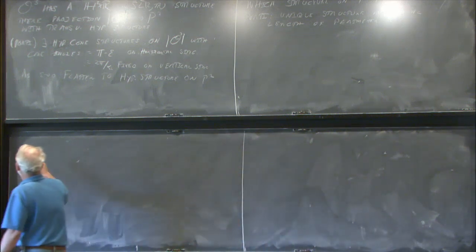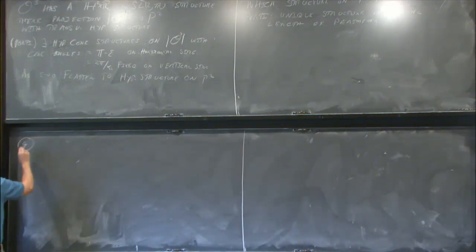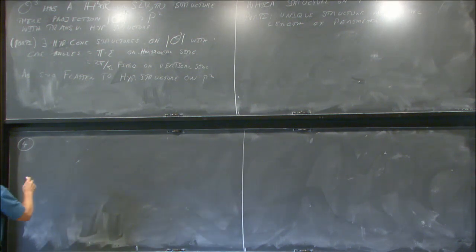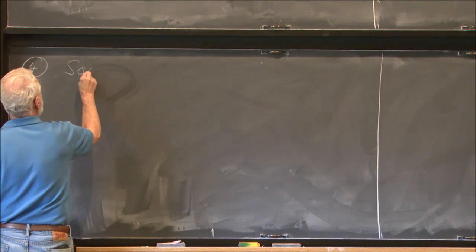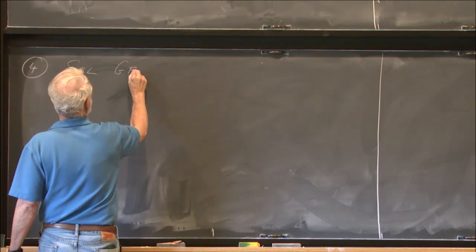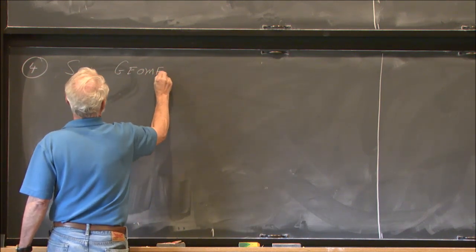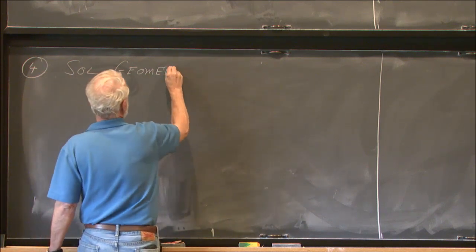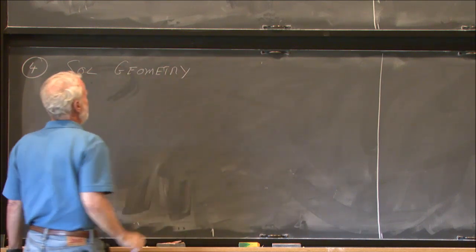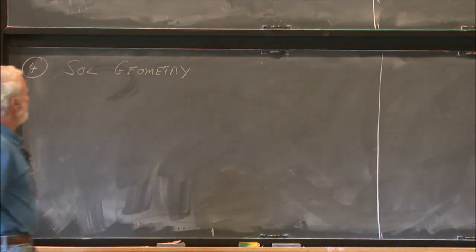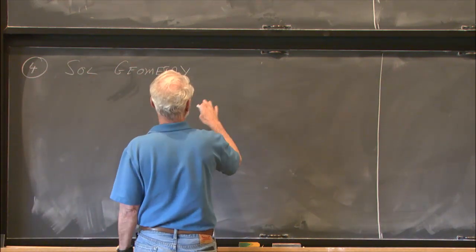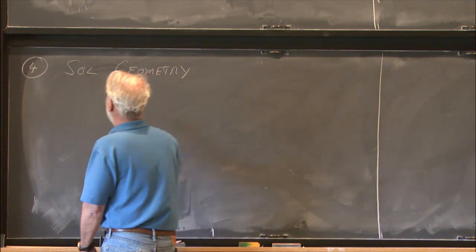Okay, so the final example. I have to zip through this a little more than I'd hoped, but at any rate. So this involves another geometry I haven't talked about, Sol geometry, for solvable.